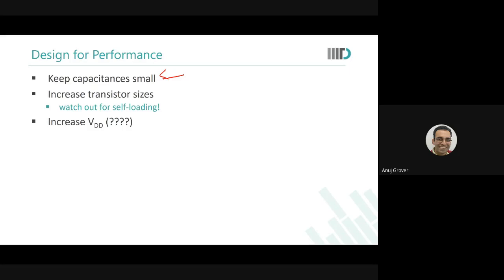Am I right? Yes, sir. The current in saturation region is proportional to VGS minus VT the whole square. VT is constant. VGS is VDD. If you increase this, the current will also increase in a squared manner.